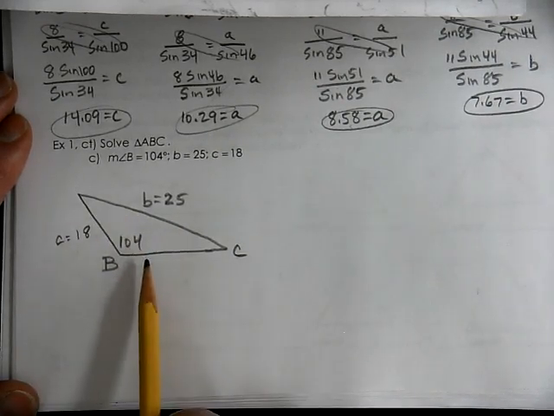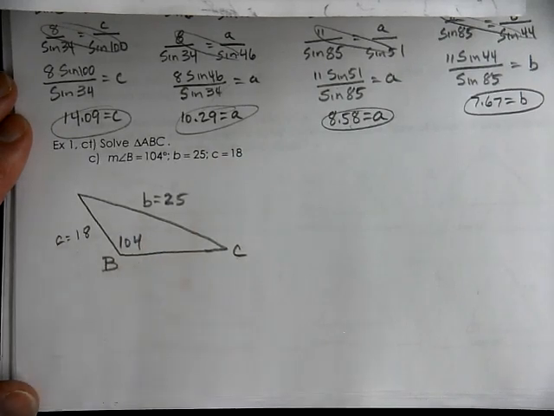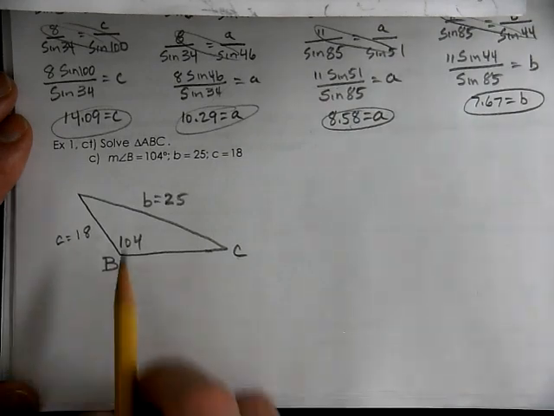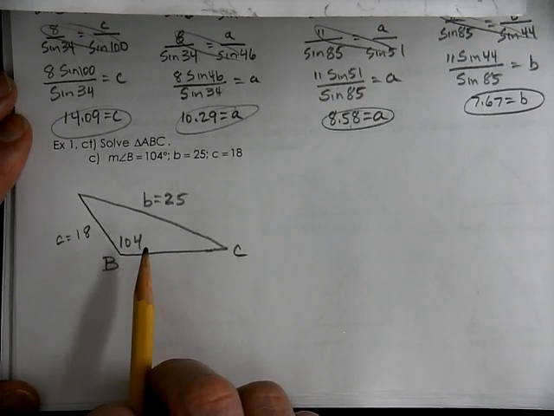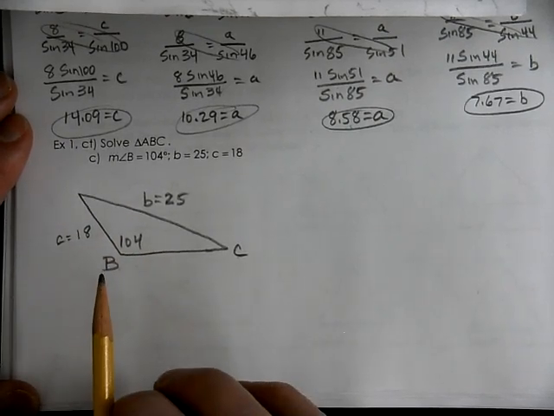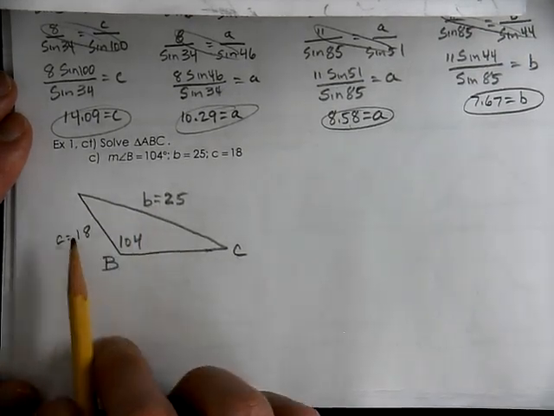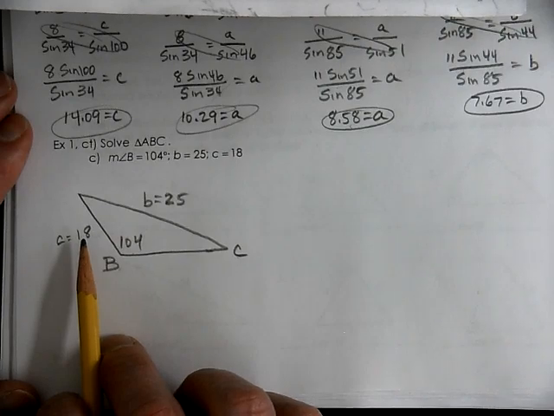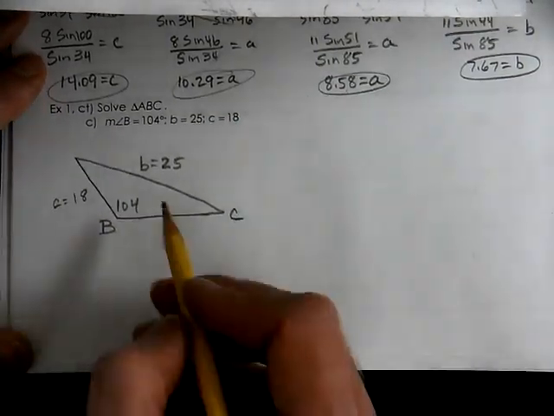With these numbers, in this order, there's only one triangle that's possible. Tomorrow we're going to discuss how you can actually make multiple triangles out of information given to you. But in this situation, we're good to go. So as long as it's obtuse and the side across is bigger than the side adjacent, we can move on.